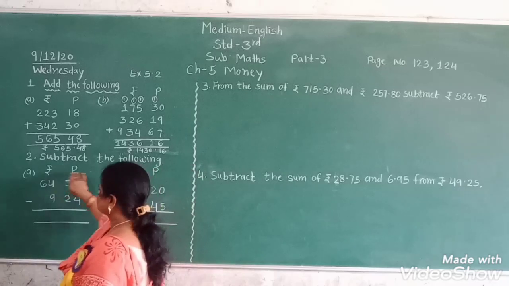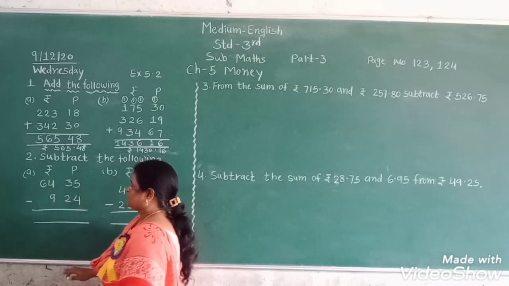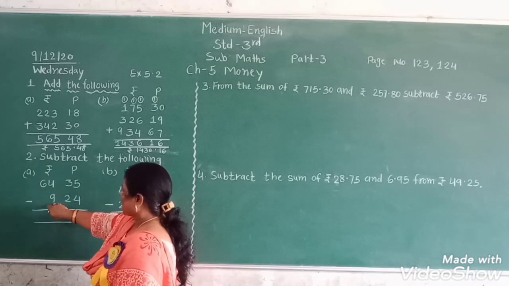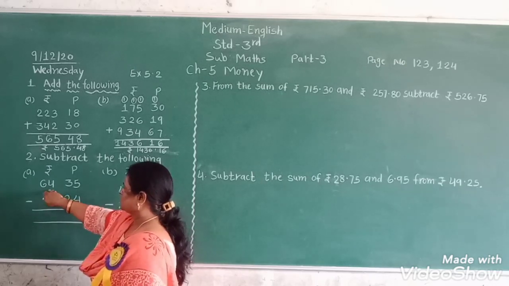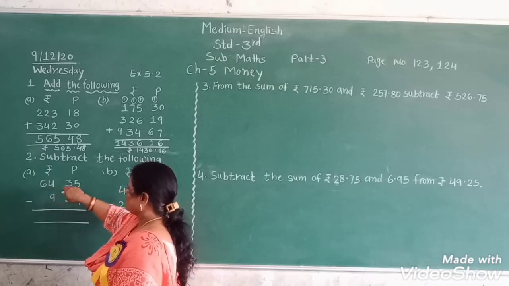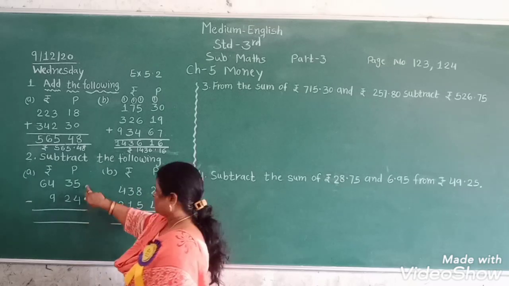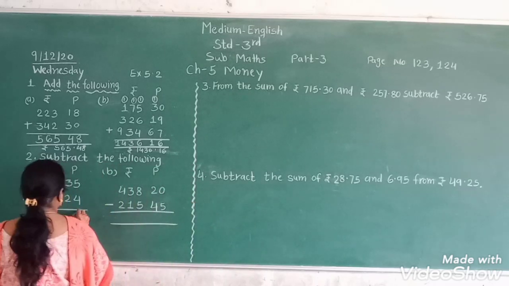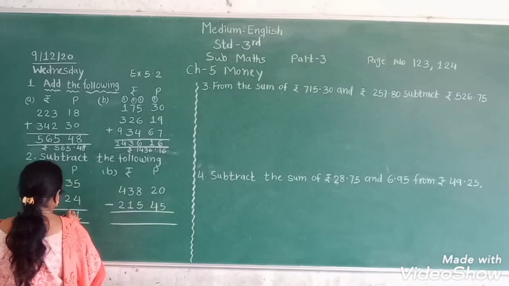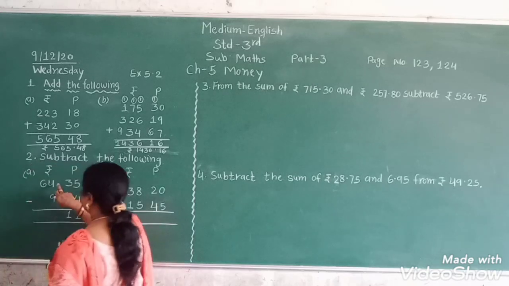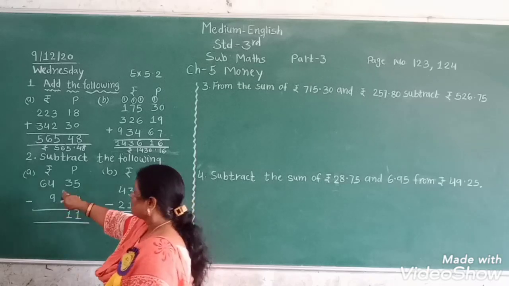Now, second number sum, subtract the following. Here, given rupees and paise column, 64 rupees 35 paise. We subtract 9 rupees 24 paise from 64 rupees 30 paise. Now, 5 minus 4, 1. 3 minus 2, 1. 4 minus 9, 9 cannot be subtracted from 4.